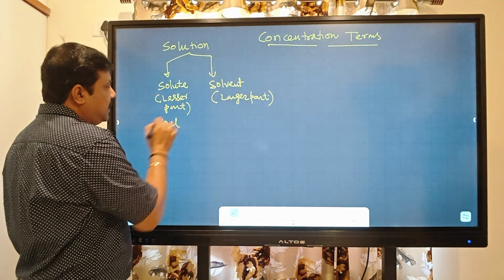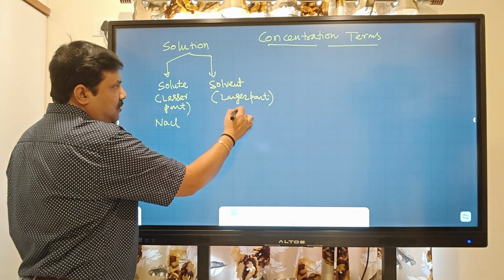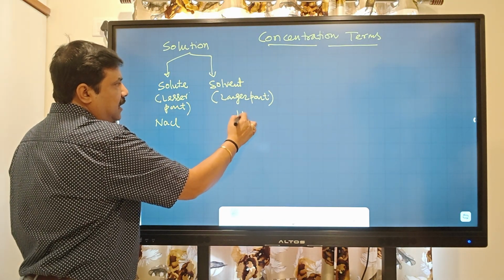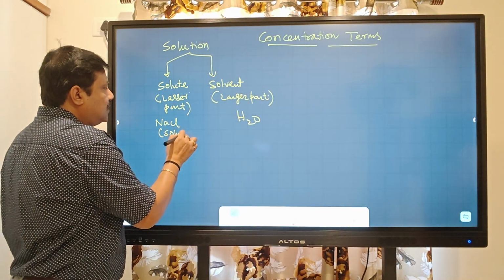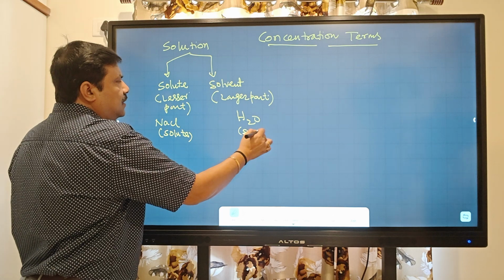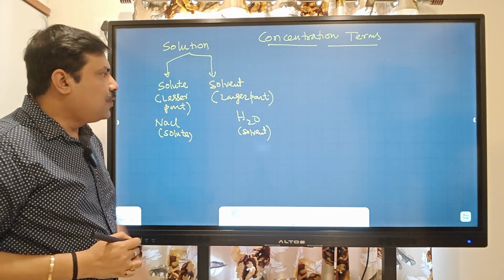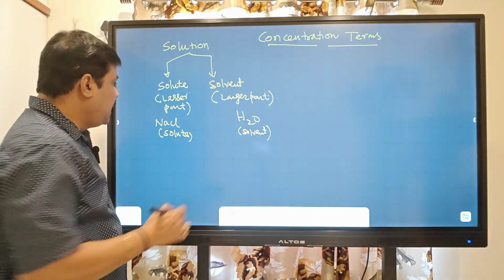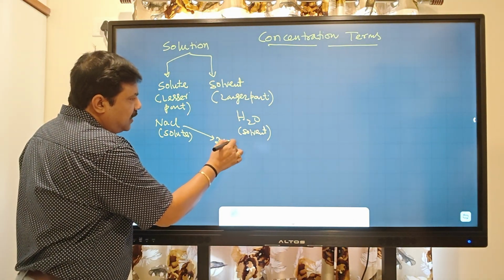Suppose NaCl is the solute and the solvent I am taking is H2O. Whenever NaCl is put into water as the solvent, NaCl undergoes dissociation.